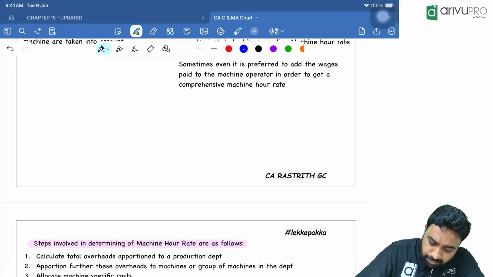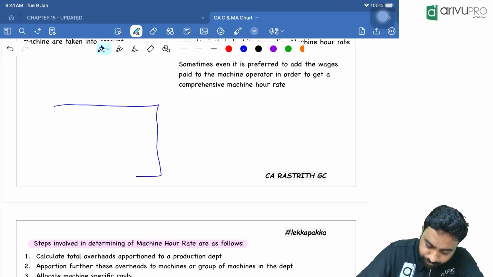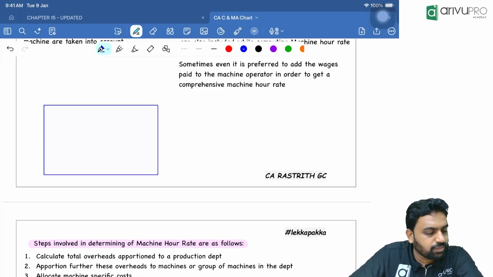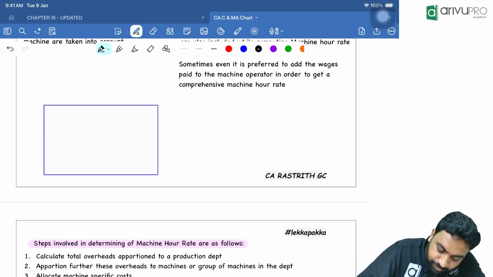Now let's say there is one department, or you can call it a cost center, which incurs the cost. In that, let's say there are 4 machines.